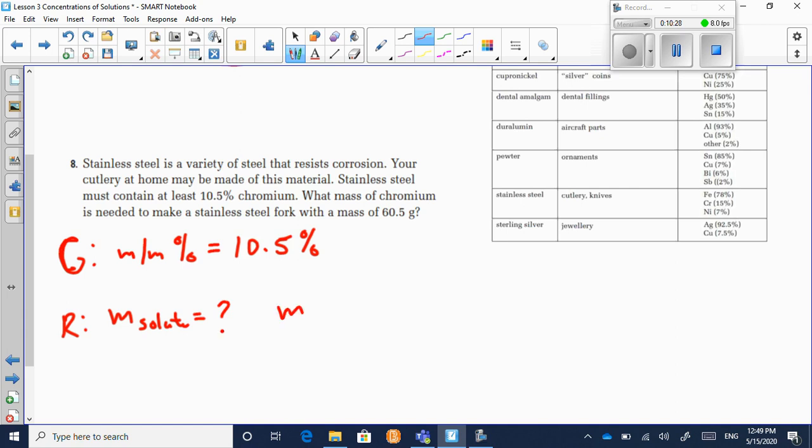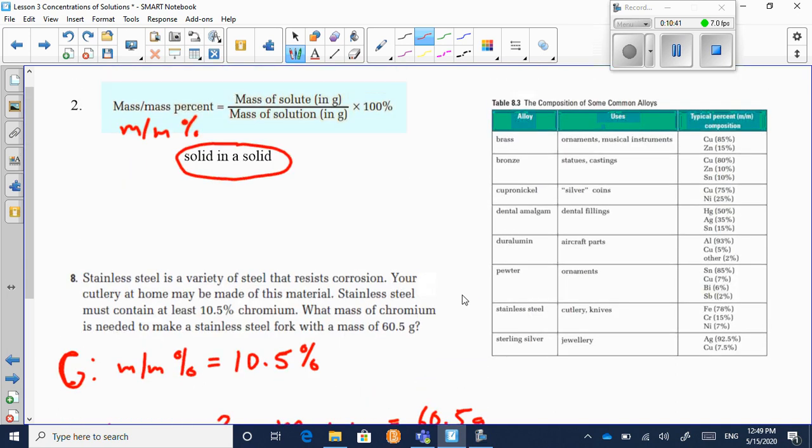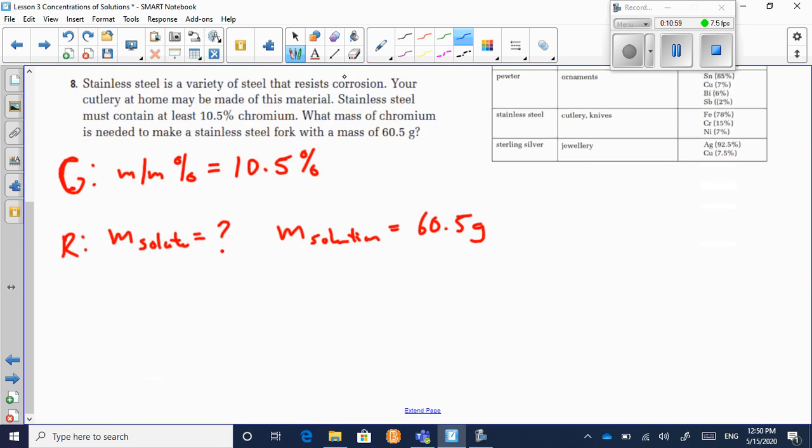So that must be the mass of the final product, and so that's the mass of the solution is equal to 60.5 grams. I was looking up at my equation as I interpreted the question. I knew that I needed those. So in this case, I've been given the mass percent, I've been given the mass of solution, and I'm trying to solve for the mass of the solute.